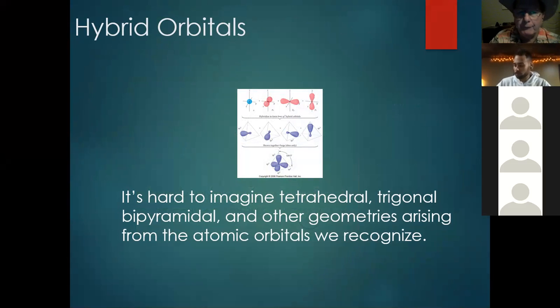When we do that, we get a funky looking thing with a small little dumbbell and a big dumbbell. If we take all four of these together, the big ends spread out as much as they can and make a tetrahedron. So if we hybridize one s with 3 different p orbitals, they spread each other out to make a tetrahedron shape.